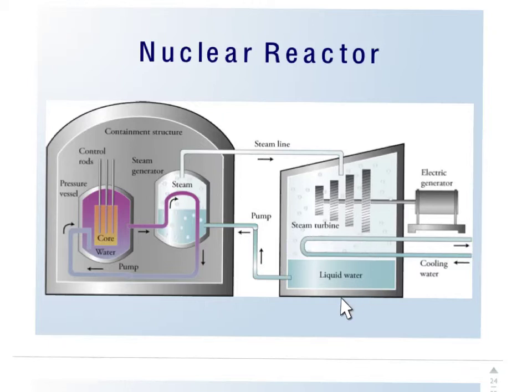You also have to have the cooling tank to lower the temperature to make sure it doesn't overheat. This is essentially what Homer Simpson does when he's working. He's essentially in charge of these control rods that will move up and down to limit or increase the number of neutrons that get formed.